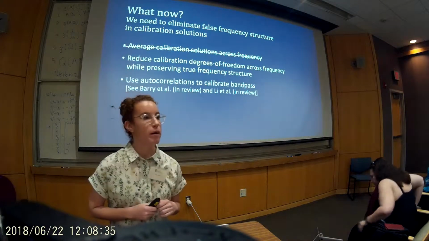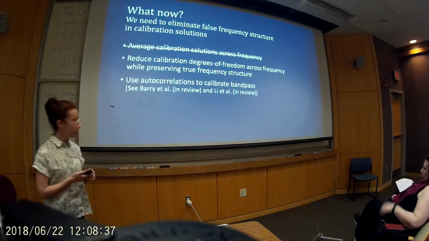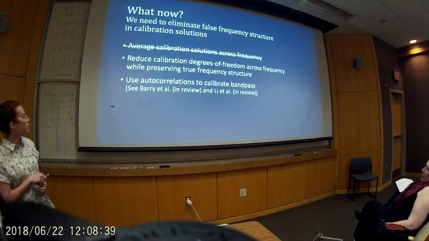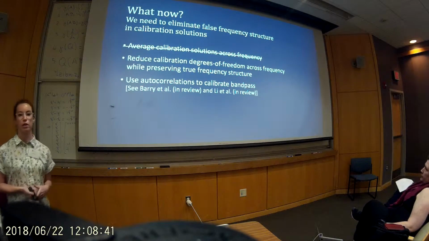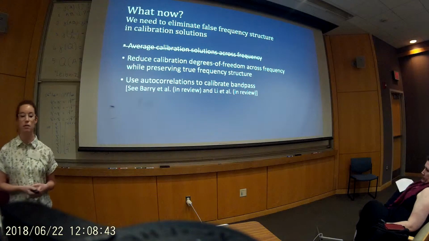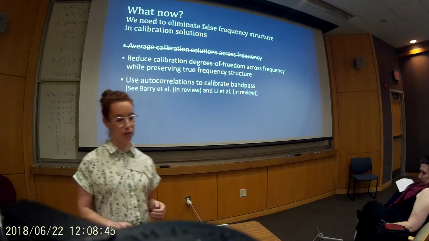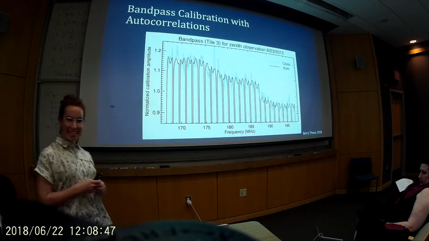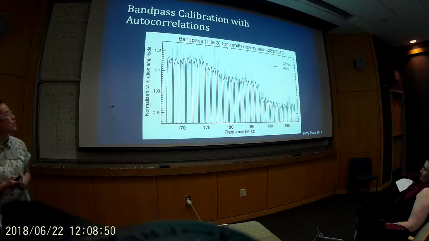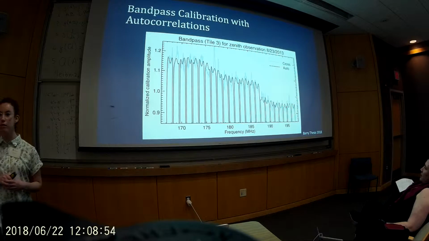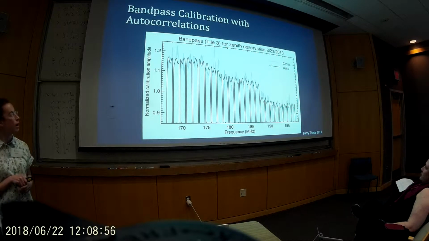Also, Wenying talked about this a lot, and Nicole's also used this. So their 2 limit papers use autocorrelations to calibrate the bandpass. And I stole this plot from Nicole's thesis. Thank you very much. So this is showing the bandpass of the MWA using cross visibilities and autos.